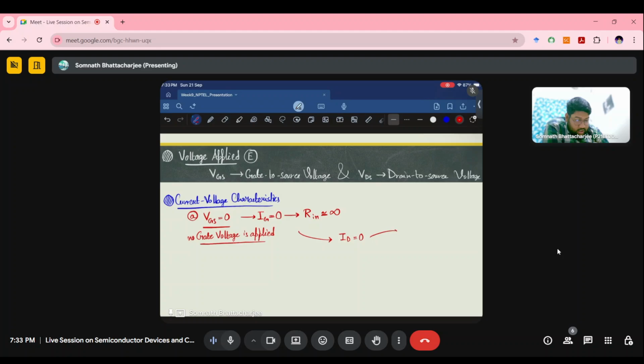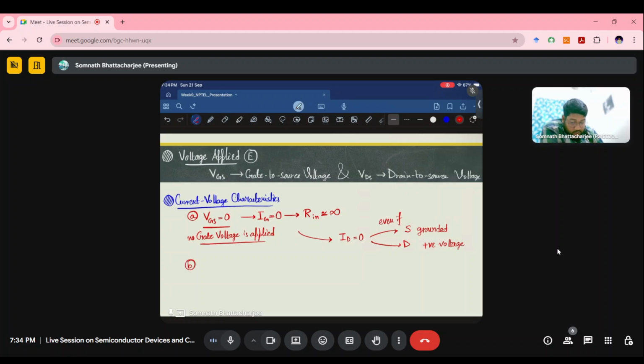So in this case, let me write it, even if the source is grounded, right? Even if the D terminal or the drain terminal has a positive voltage applied to it.